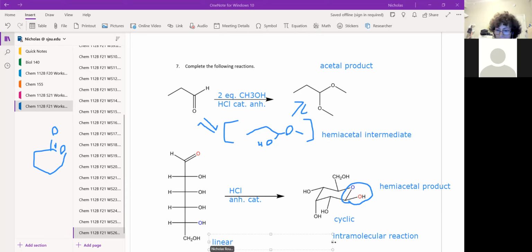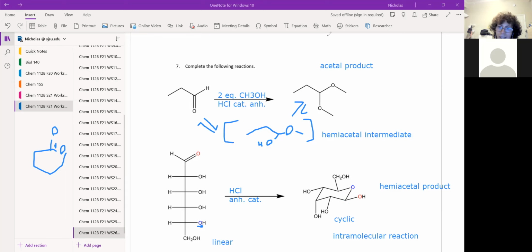One thing about this, it's specifically going to work with the alcohol that I highlighted here. That's going to be the only one that reacts to a large degree to make a product.